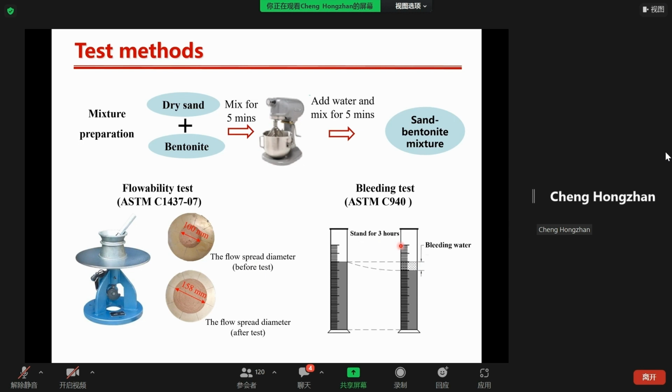On the other hand, the bleeding test used a 1,000 milliliter cylinder, and the volume of bleeding water was recorded after 3 hours, and the bleeding ratio was defined as the ratio between the volume of bleeding water and the initial volume of water in the cylinder.